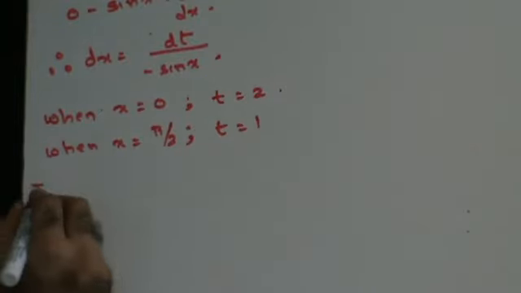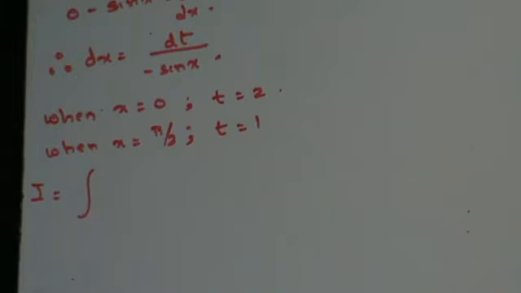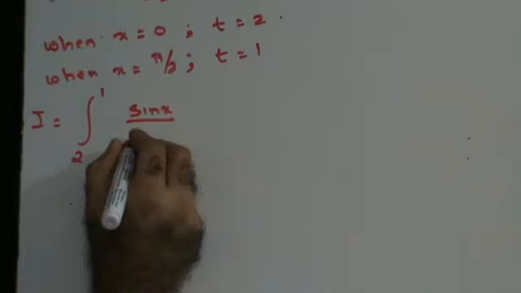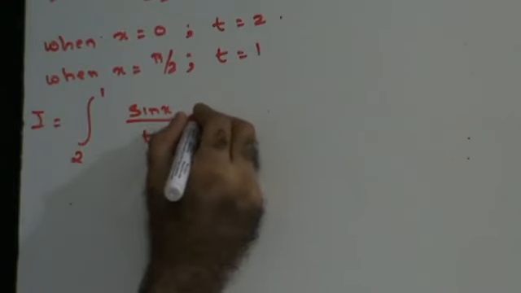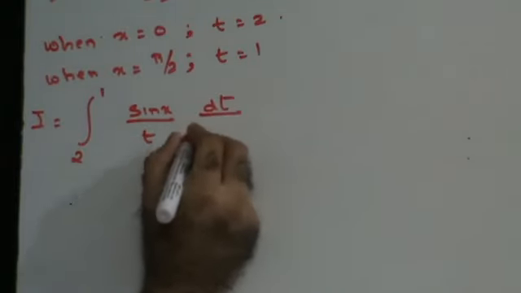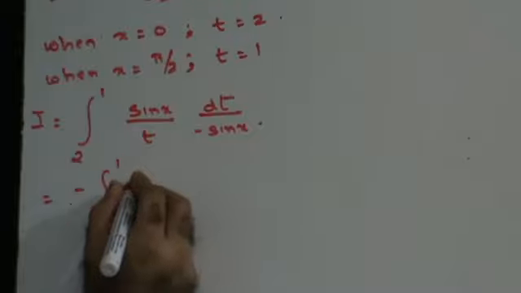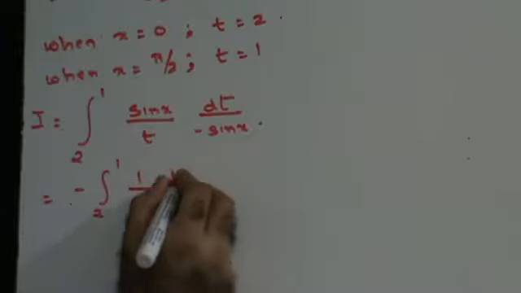So when you write, I is equal to, instead of 0 you will be writing 2, instead of pi by 2 you will be writing 1, sin x upon t dt upon minus sin x. This can be written as minus integral from 2 to 1 of 1 upon t dt.